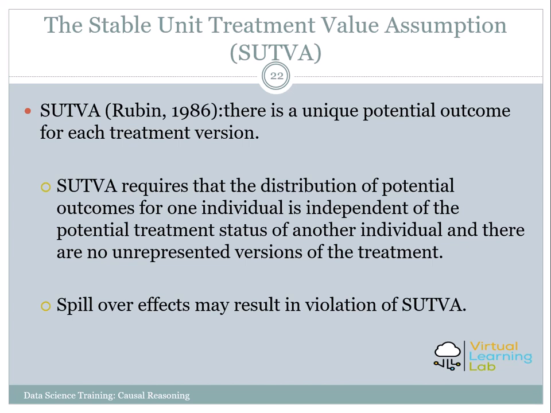Let's say, for example, that participants in the treatment group are using an intelligent tutoring system and the participants in the control group are not. But some participants in the treatment group are mentoring participants in the control group. So there's a spillover effect. Therefore, the control group is not really the absence of treatment anymore. It is the absence of direct participation in the intelligent tutoring system, but with mentoring from the participants.